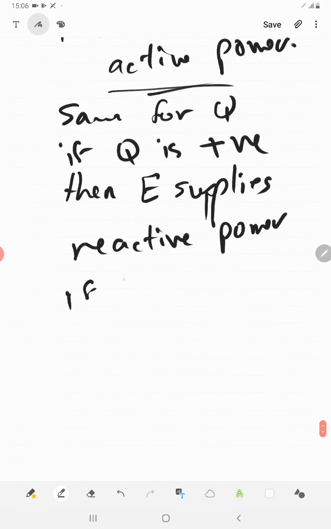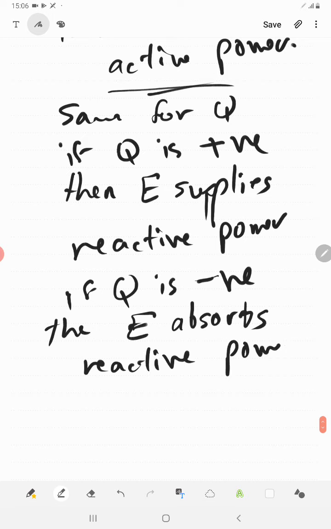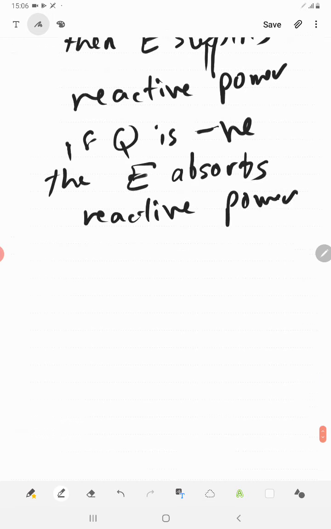If Q is negative, then E absorbs reactive power, okay? The same we apply for current sources.